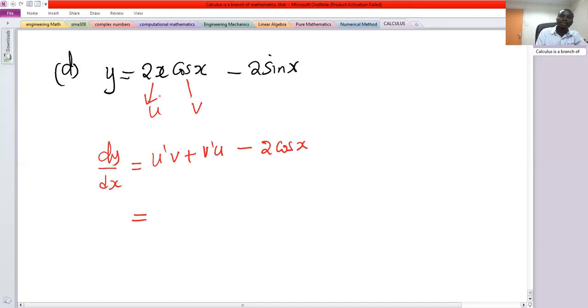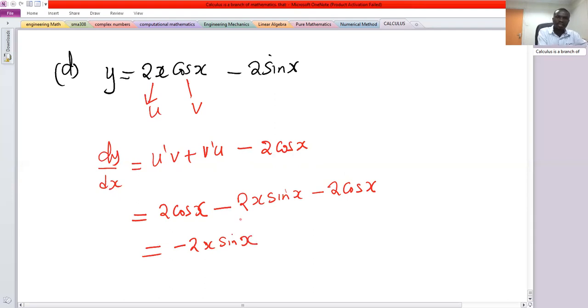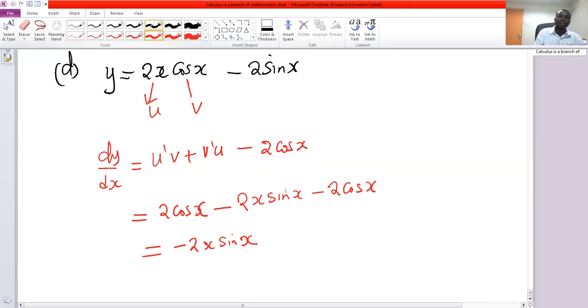Derivative of 2x is 2 times v, so will be 2 cos of x, and then derivative of cos is negative sine, so plus minus is minus, and then 2x sine of x, and then minus 2 cos x, and this cancels out, so we have minus 2x sine of x. So that becomes the solution to the problem D.